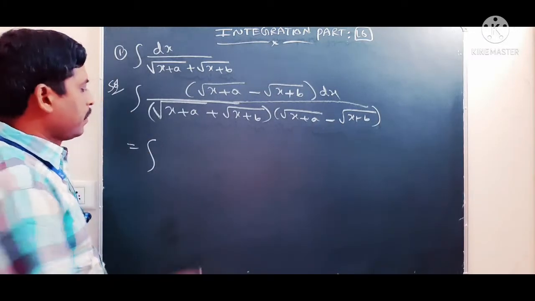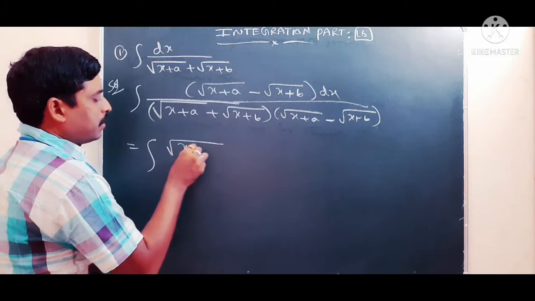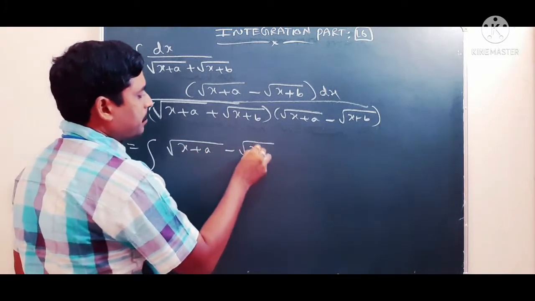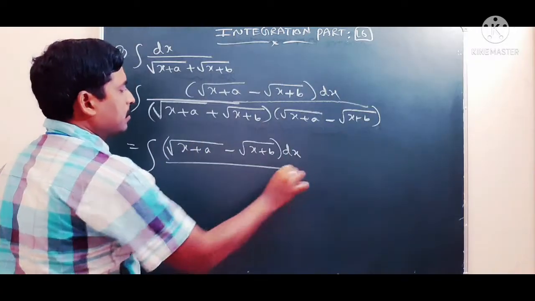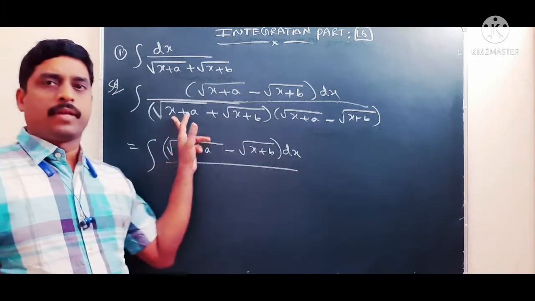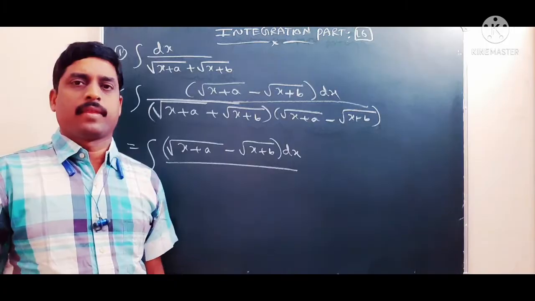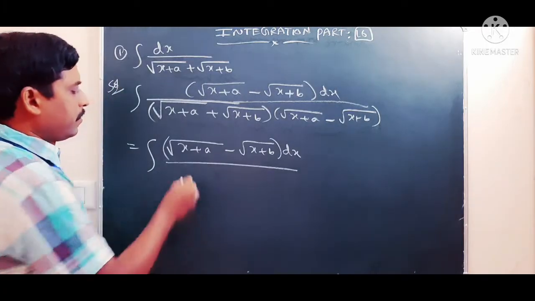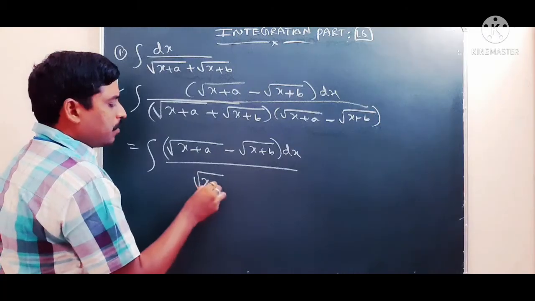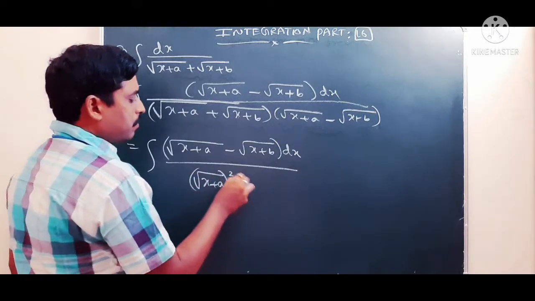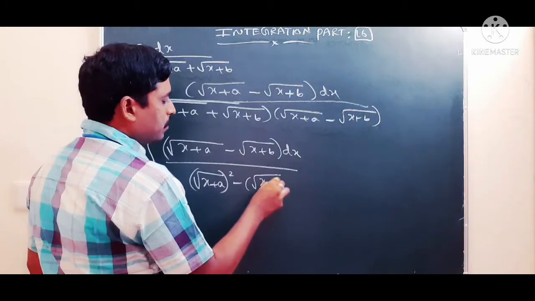This is going to be root x plus a minus root x plus b dx by, we have one formula, a plus b into a minus b equals a square minus b square, where a place in root x plus a, b place in root x plus b: root x plus a whole square minus root x plus b whole square.